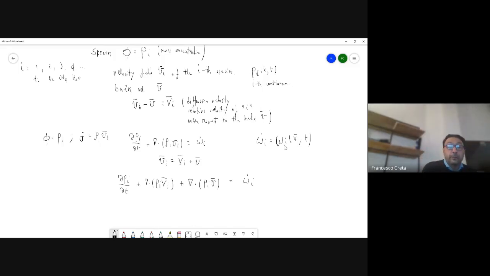Well, you have this term here, which deals with what we call diffusion. It's the diffusive flux, rho I V I, where V is the big V. It's a diffusive flux in the sense that it takes into consideration the flux that is relative with respect to the bulk. It could be zero if species I moves exactly like the bulk, but it could also be non-zero if it doesn't. There is some difference, and we'll see the origin of that.